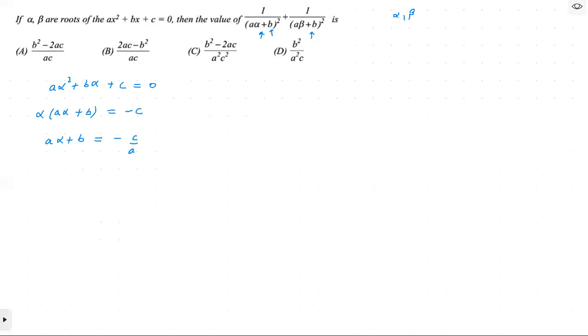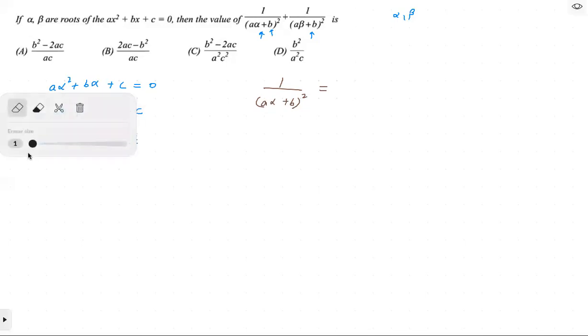So here what we are having is if we are trying to take this, we need to find out 1 upon, but just one fraction we are taking, a alpha plus b whole square. Now clearly this is equal to c square. Here we have, so okay, fine. So let us just correct this part, because here it should be alpha, right?